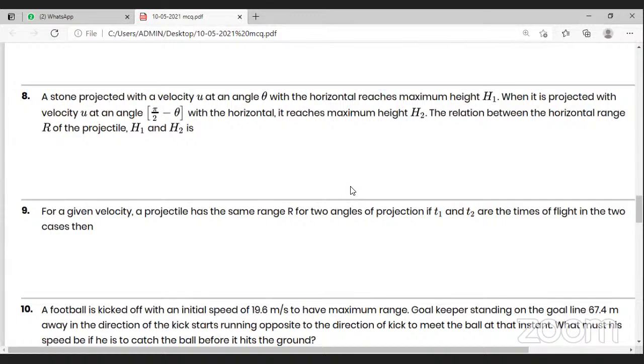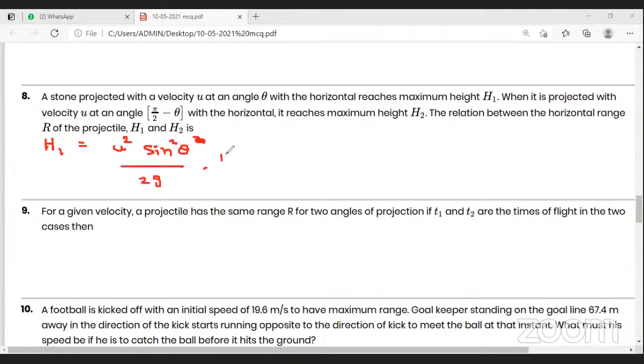Now, what is the formula for maximum height in the first case? The formula for maximum height h1 is equal to, what is the general formula? u square sine square theta by 2g.